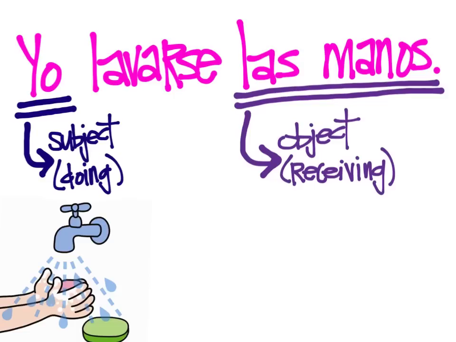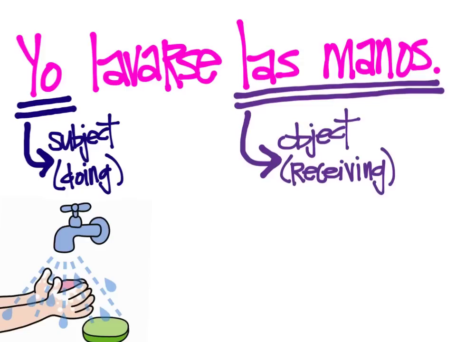We found our subject, or the person doing the action, and then we found our object, or the person receiving the action. And again, the sentence is only reflexive because your subject and your object are the same person.